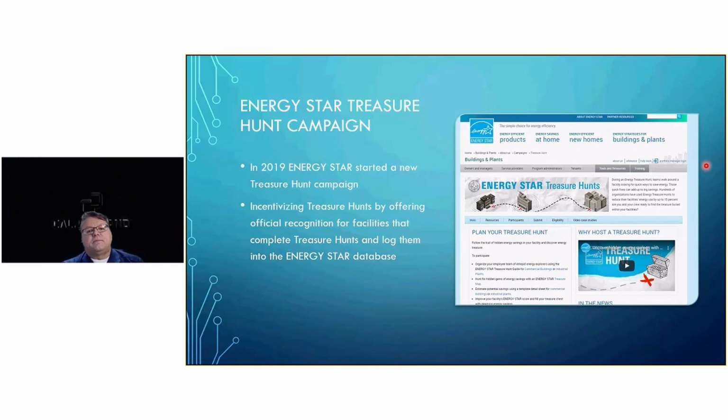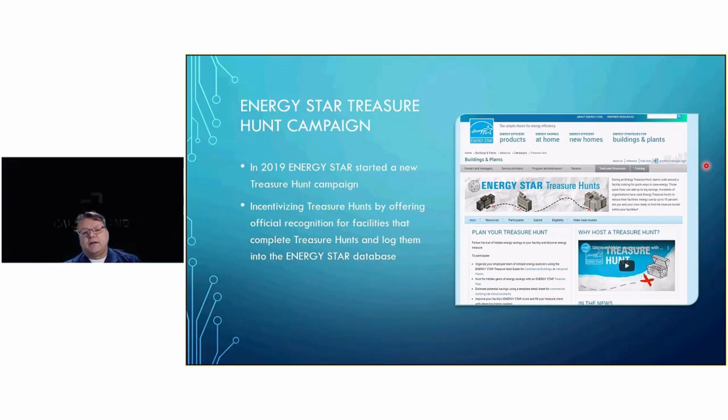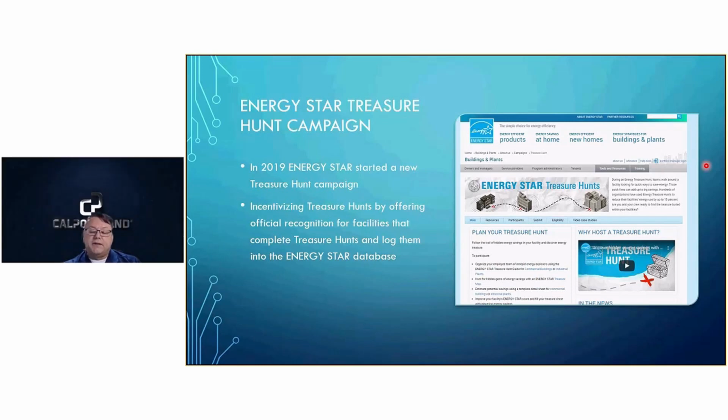It helped create this database of millions of dollars in savings potential just by using this treasure hunt technique. This year in 2020, they're going to continue the campaign, and I'm going to be performing treasure hunts so that we can identify things for ourselves and also enter all our information. We did a treasure hunt at the Duwamish ready mix plant and at the Stockton cement terminal.